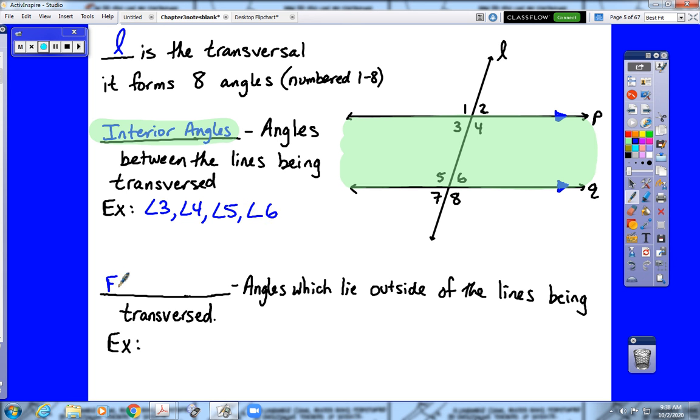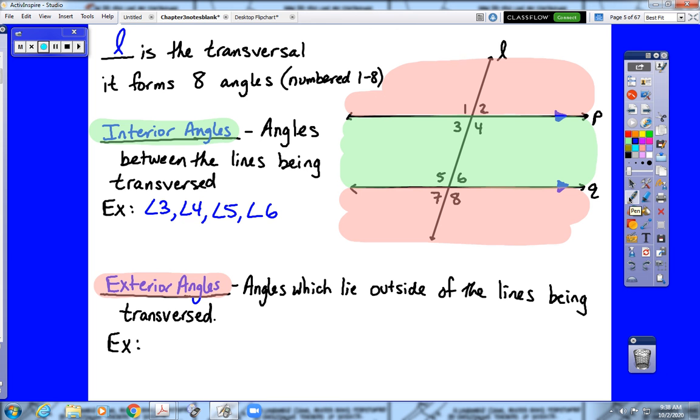The other type are your exterior angles, which are the angles that are not between, the angles which lie outside of our lines being transversed. So up here above the 2 lines, there's 2 angles. Those are exterior angles. And below the 2 lines, there are 2 angles. Those are exterior angles.